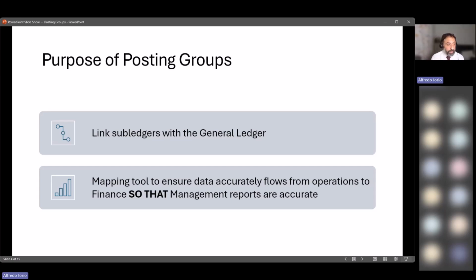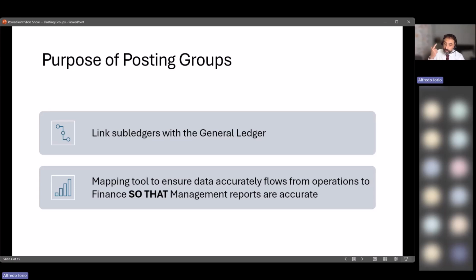regardless of the industry, is this: posting groups map subledgers and then the general ledgers. When we talk about subledgers, it's accounting terminology, right? It describes a subsidiary ledger. What is a subsidiary ledger in Business Central?